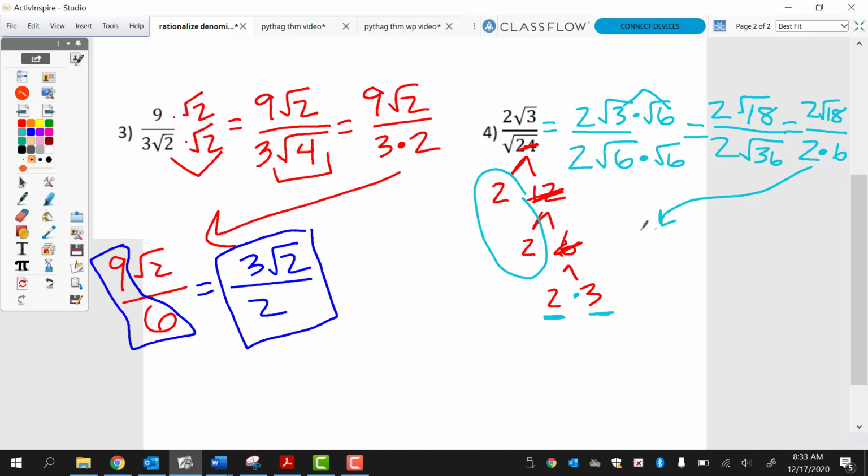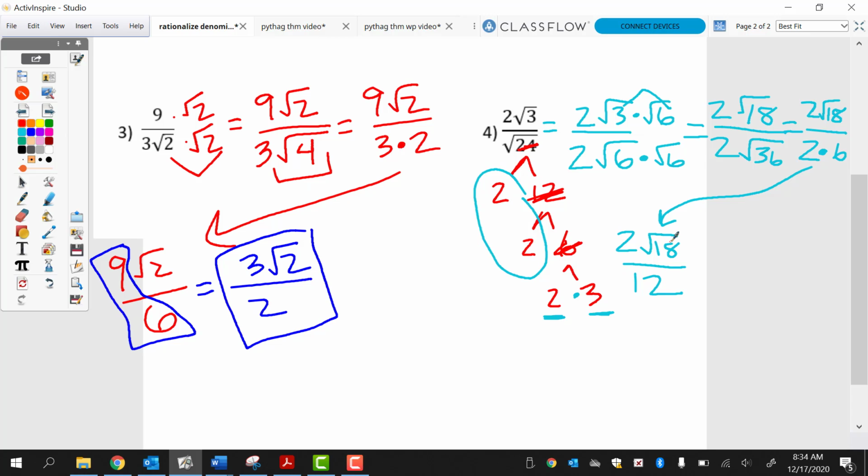So 2 times 6 is actually 12. So I have 2 square root of 18 over 12. Now before I type 2 divided by 12 in the calculator, I'm going to do the same thing, simplify square root of 18, because square root of 18 is a big number, and you can divide 18 by some of our prime numbers. So we're going to do that.